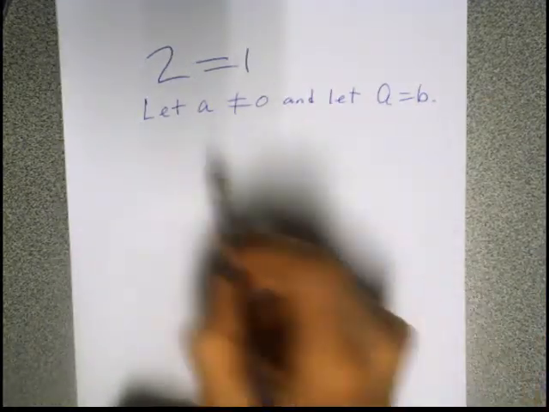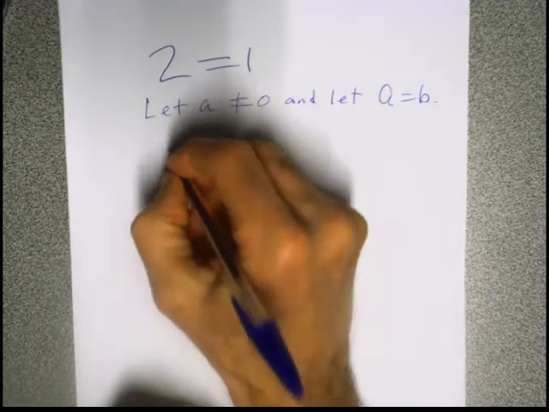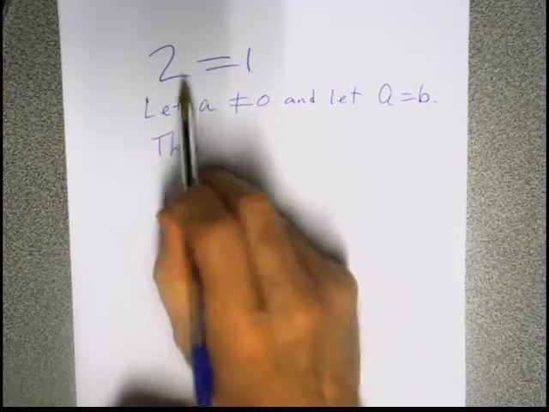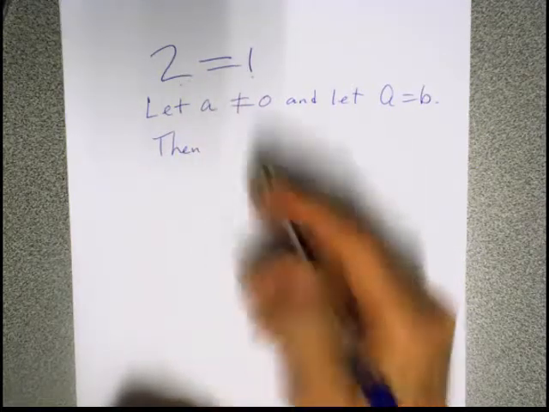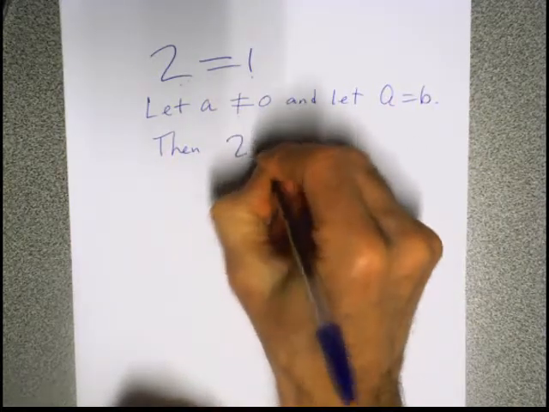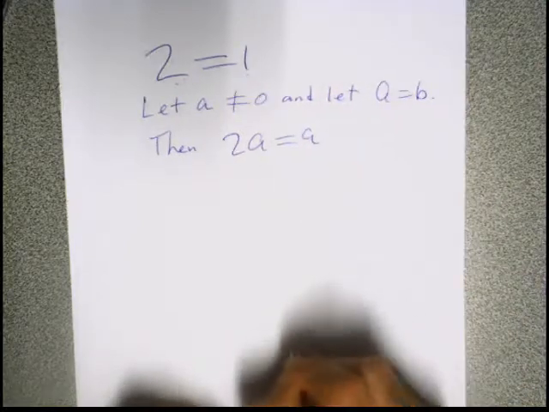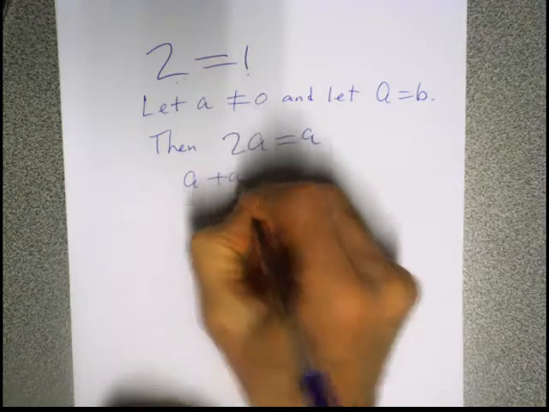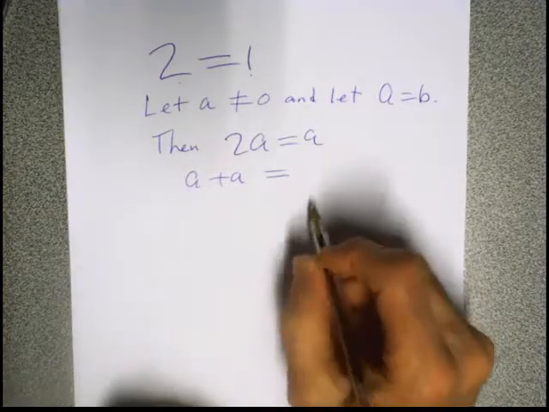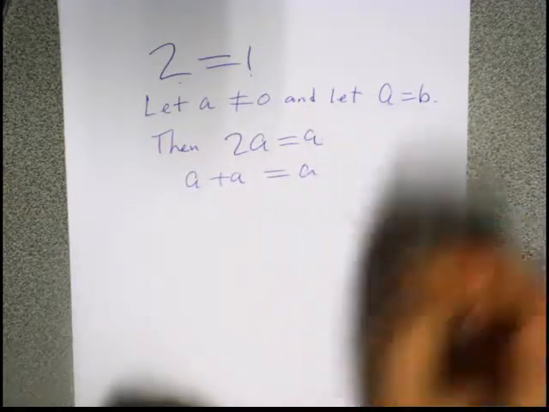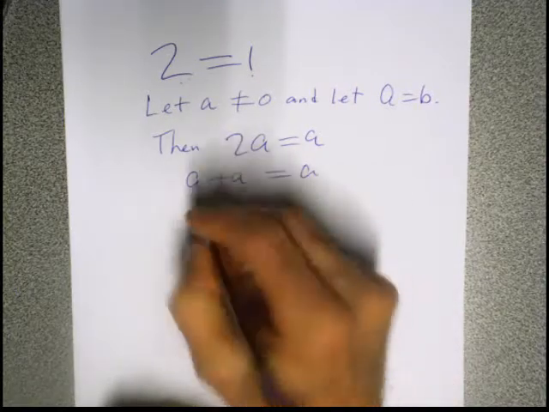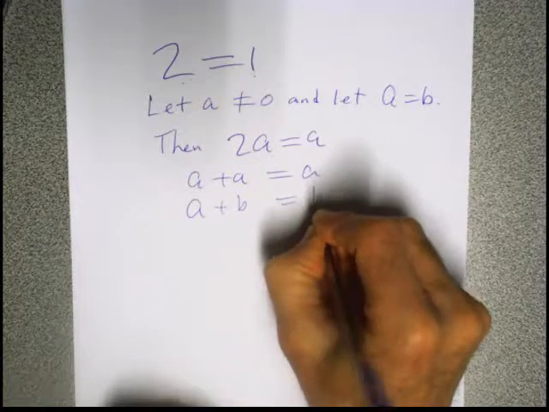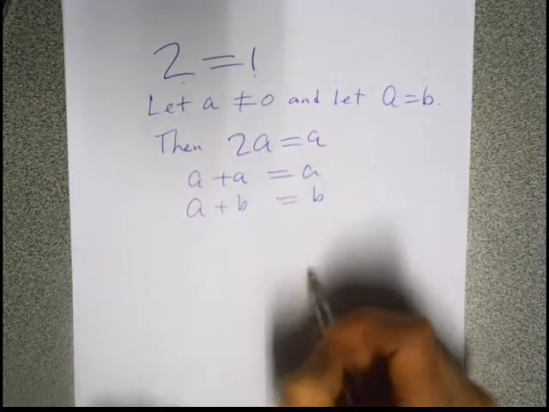So if we assume that 2 is equal to 1, then I can multiply both sides of that by a, and I'll get the following: 2a equals a, which is the same as a plus a equals a. Since a and b are the same, that's the same as a plus b equals b. So I get that equation.